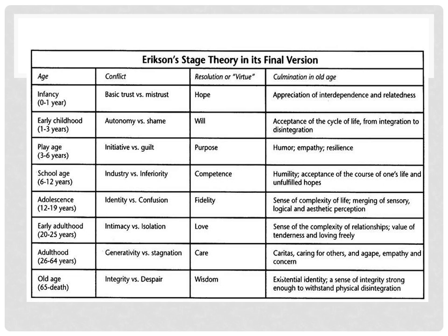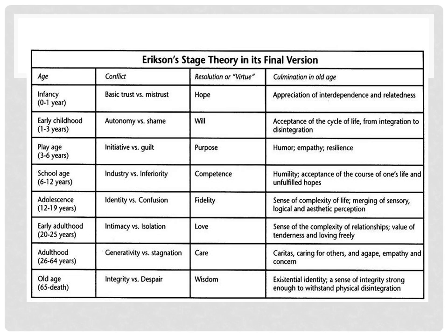But if the child is getting scolded most of the time because of their mistakes, they will have this feeling of shame and doubt whether they can do it or not. So in that stage, the person develops the feeling whether they can do things in life by themselves. That's the early childhood, 1 to 3 years old. The conflict here is autonomy versus shame and doubt, and the virtue is will.